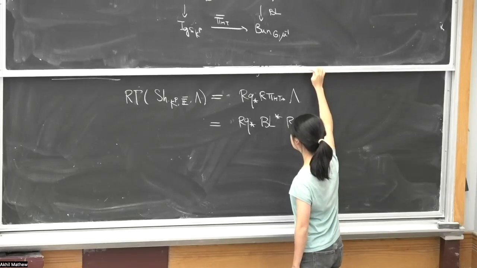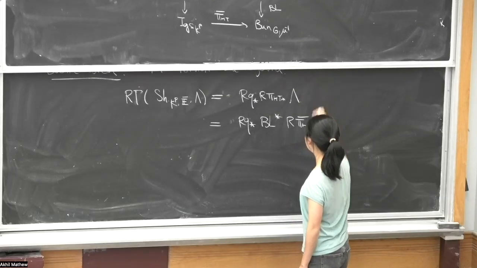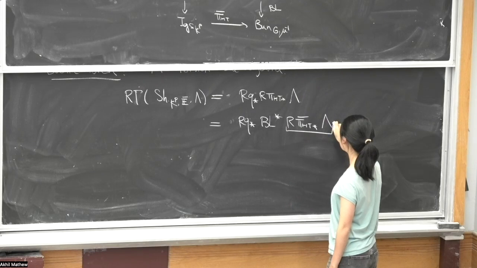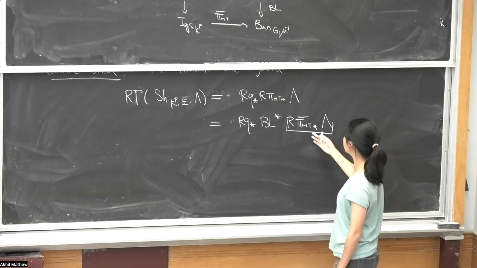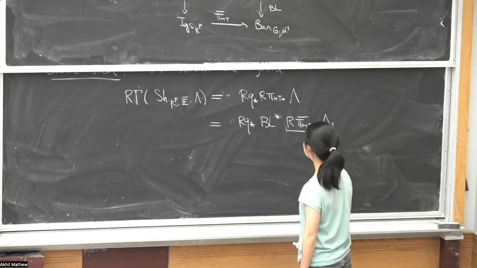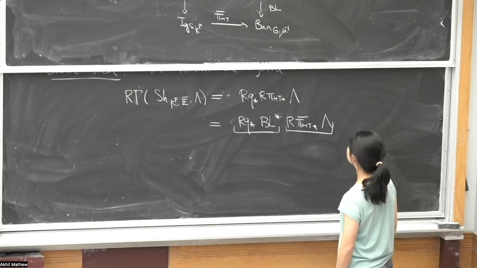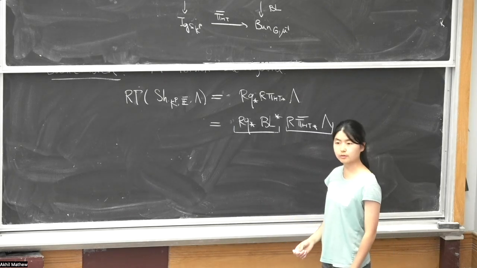The benefit now is that I have constructed some complex on Bun_G, which governs the cohomology of the Shimura variety, in the sense that once I apply this operator, pullback and push forward, it recovers the cohomology of the Shimura variety.